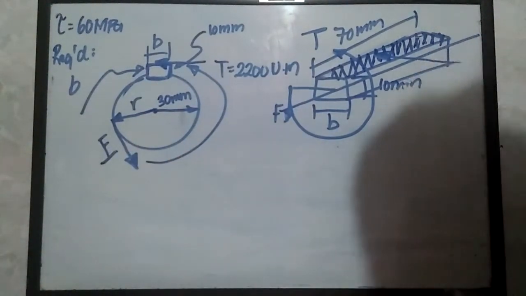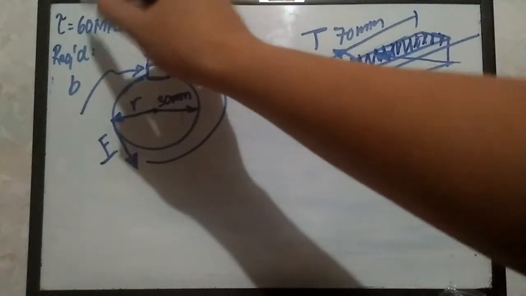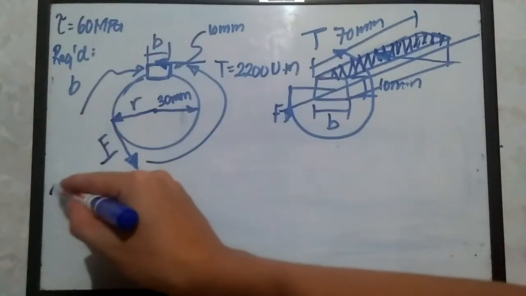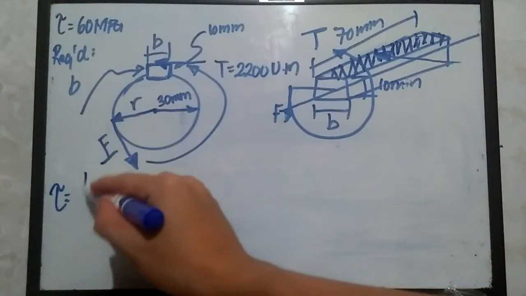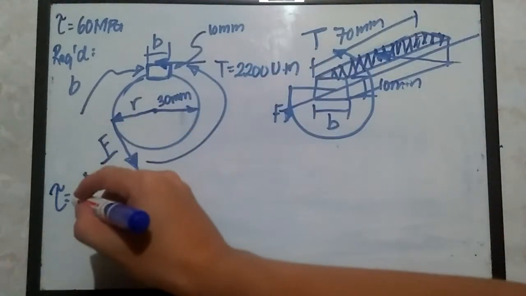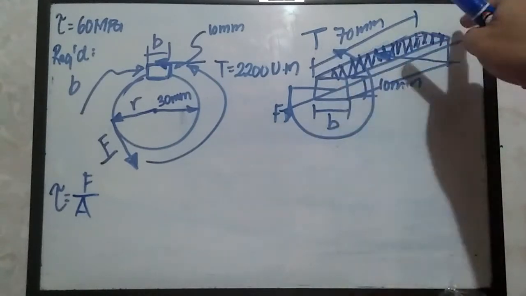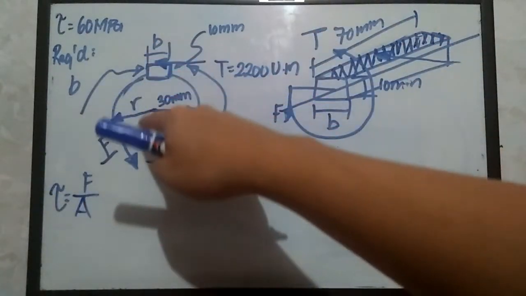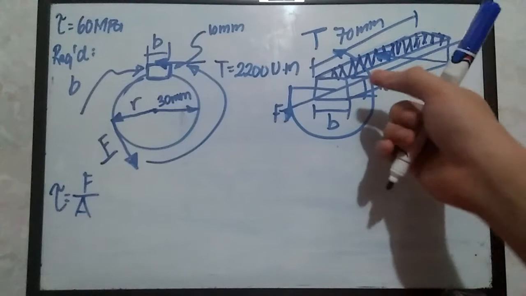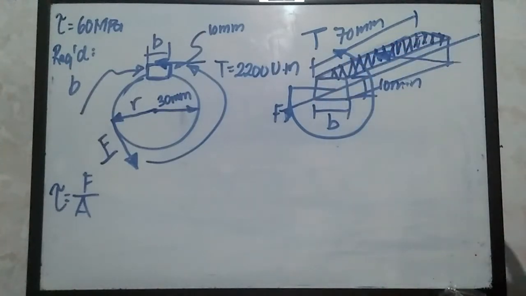Okay. So now, after solving for F, we can now apply the formula for the shear stress, which is tau equals F, or the shear load applied on our locking component, divided by the area of influence, which is this portion. So all we need to do is to look for the geometrical parameters concerning the shape of this upper portion of our locking component.